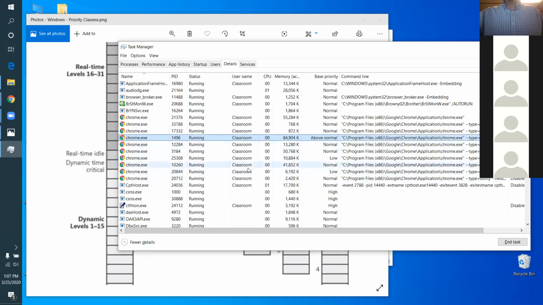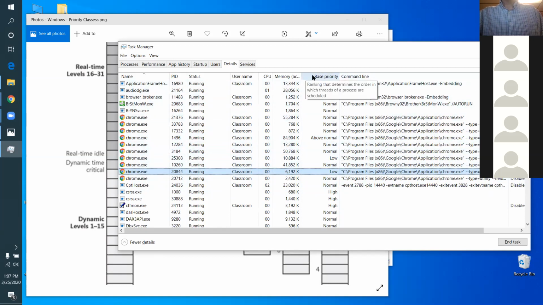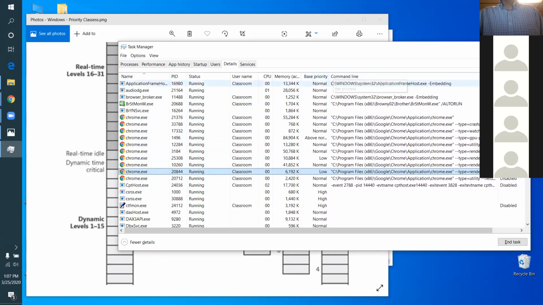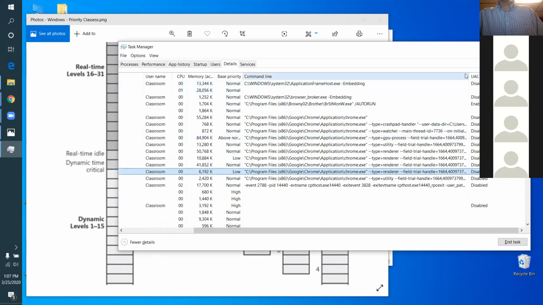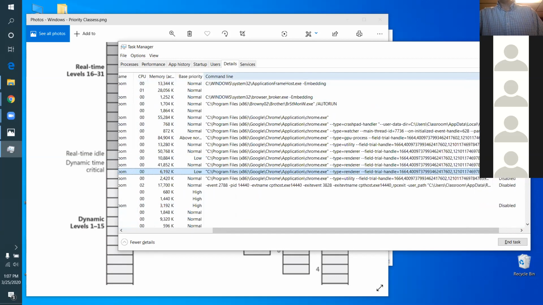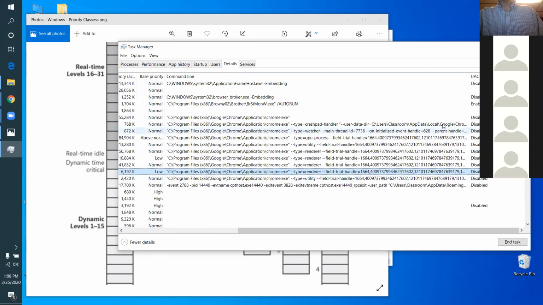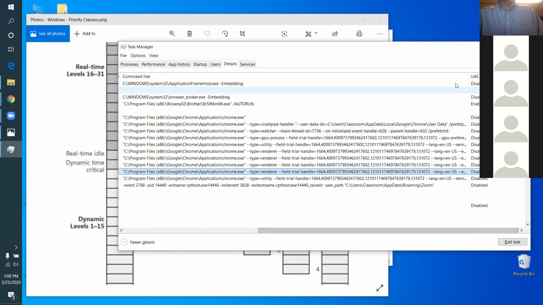I'm not sure why these other ones are low priority. I don't see anything that makes them seem like they would be. You have to keep scrolling over and over. Notice how long the command lines can be. Command lines are really useful tools for doing operating systems. These have huge long command lines. I haven't seen anything yet that would indicate why this one would be low priority.